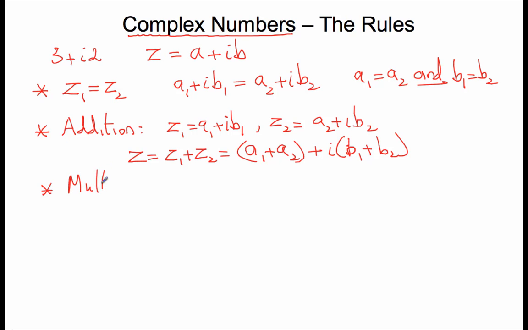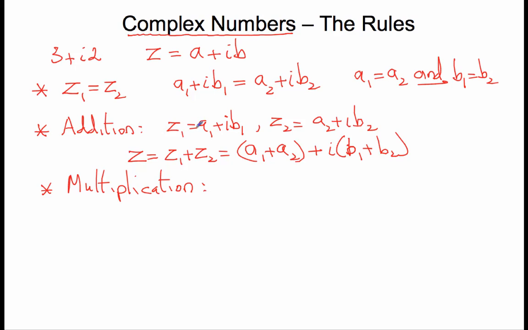Now let's talk about the multiplication of two complex numbers. Again, z1 will be a1 plus i b1, z2 will be a2 plus i b2, and let's ask what is the meaning of z1 times z2. Well, that means a1 plus i b1 multiplied by a2 plus i b2.